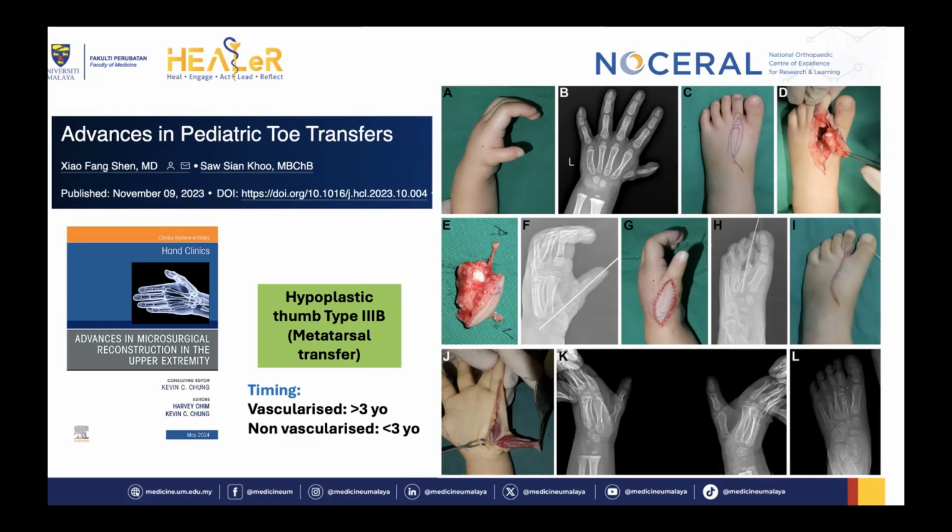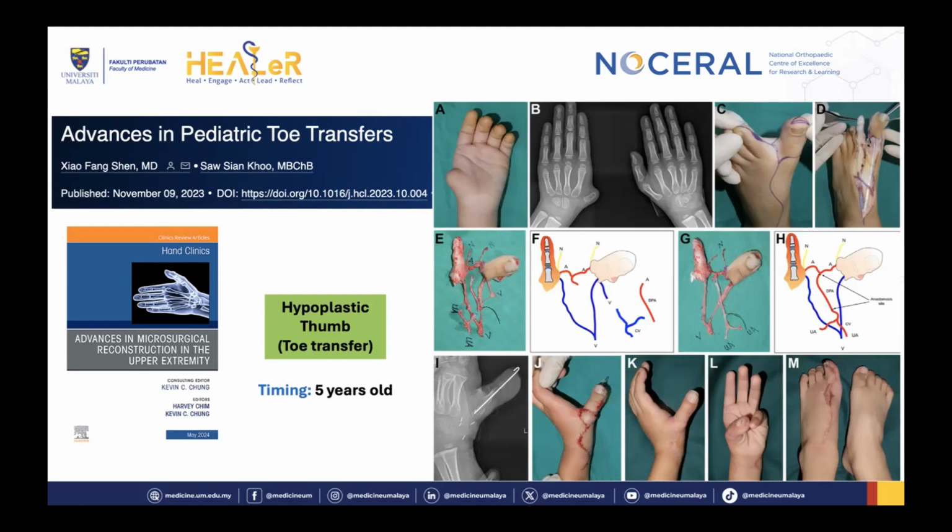It has been shown that it will grow with time. But if the child is more than 3 years old, it's advisable to bring along the artery and veins. Another option is transferring the whole toe to the thumb to make up for a totally absent thumb. This would be advisable at about 5 years old to ensure that you can get it right the first time.